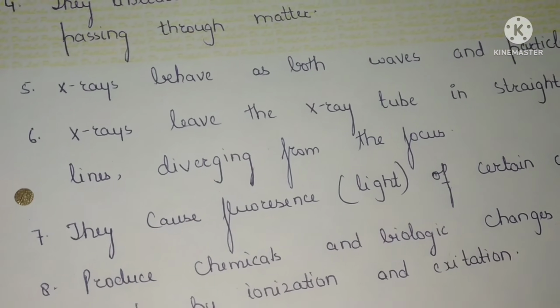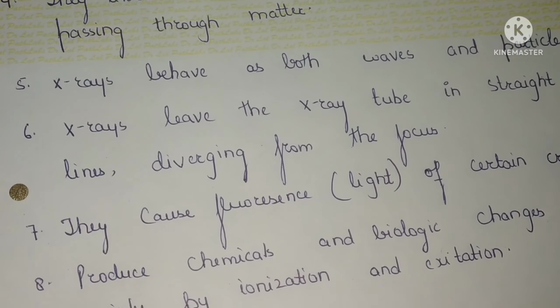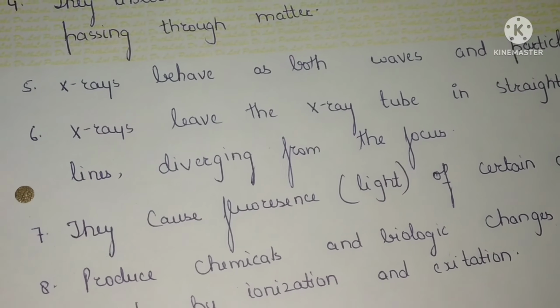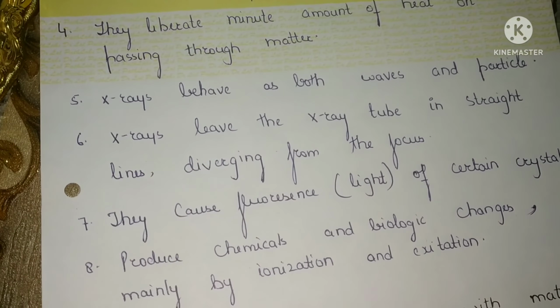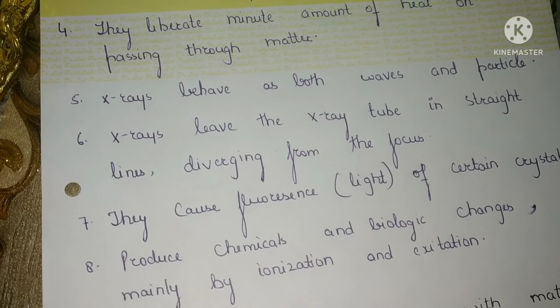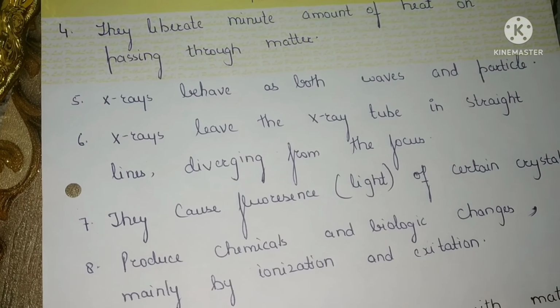Now the sixth property says X-rays leave the X-ray tube in straight lines diverging from the focus, which means when X-rays come out of the X-ray tube, they spread out from the focus.